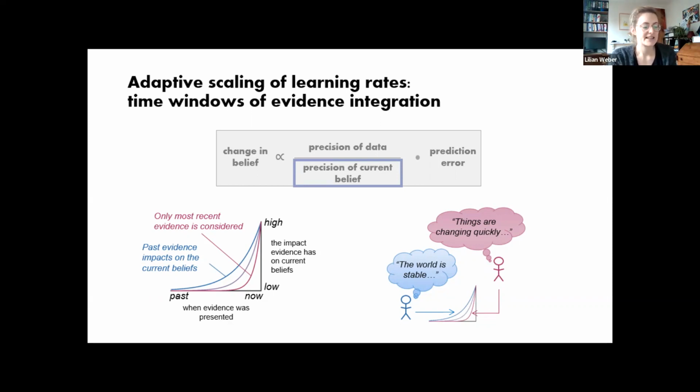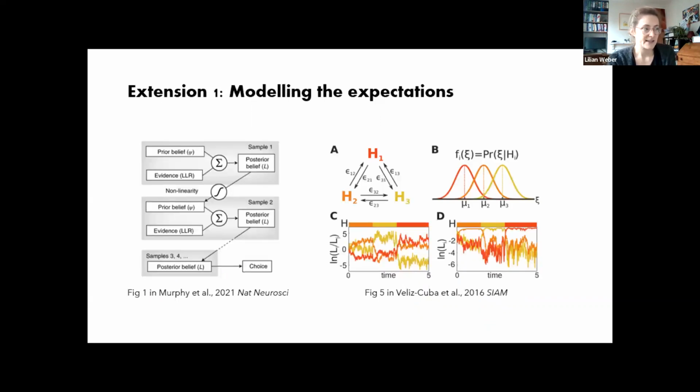And now we can extend what we've seen so far in two directions. The first extension would be explicitly modeling the expectations that participants have. So I've showed you this OU process, and I told you that the optimal model in terms of best performance in this paradigm would show different leaks across different conditions.